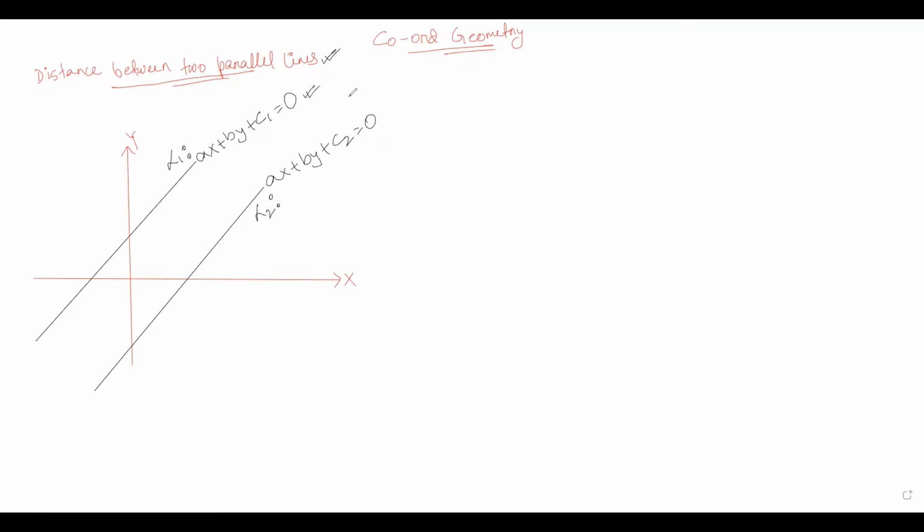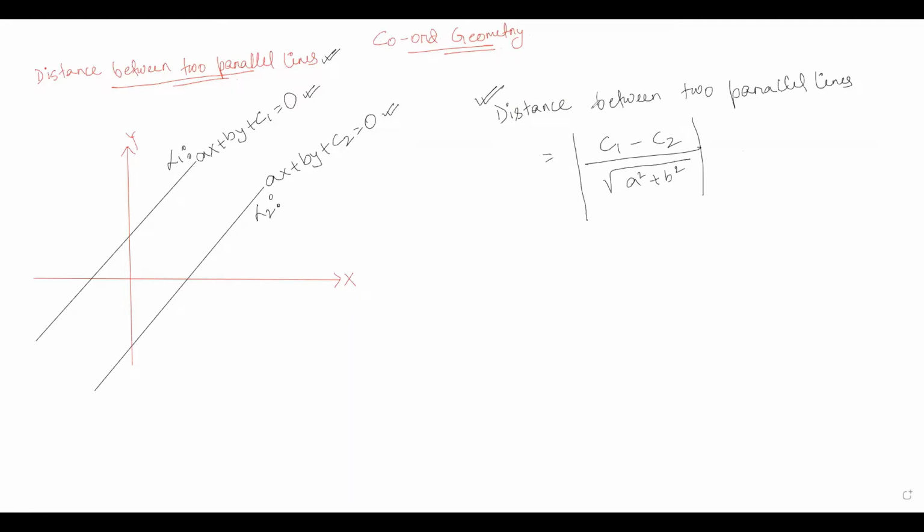Here you can notice that the coefficients of x and y in both these lines are same, so these two lines are parallel, and we want to find the distance between these two parallel lines. So the distance between these two parallel lines is given by mod of c1 minus c2 upon under root of a square plus b square.